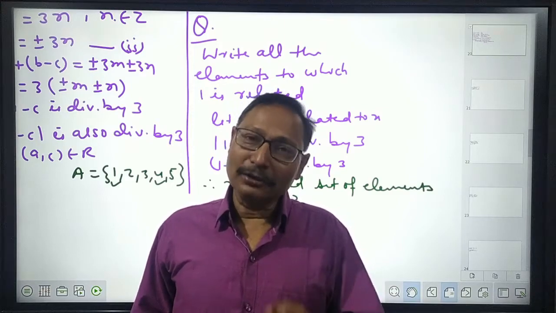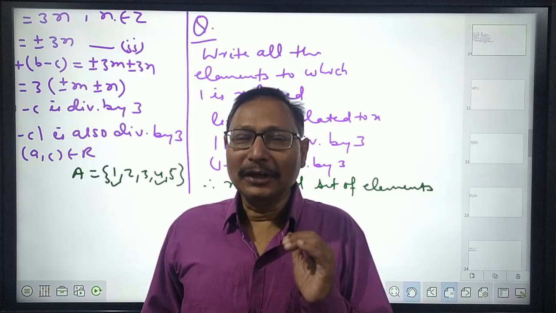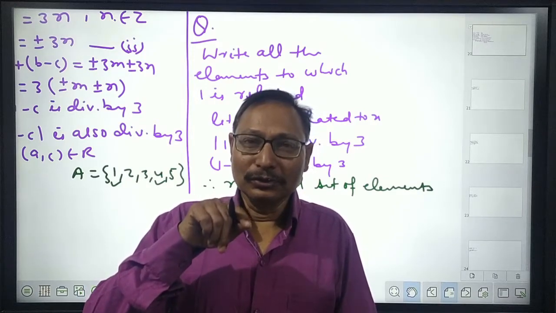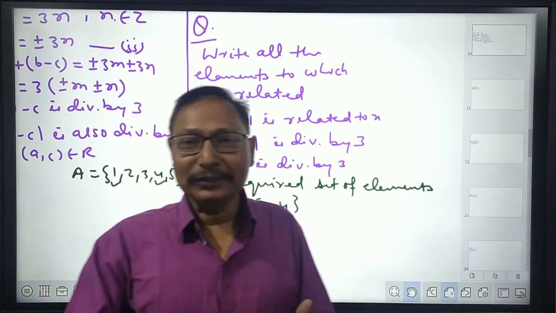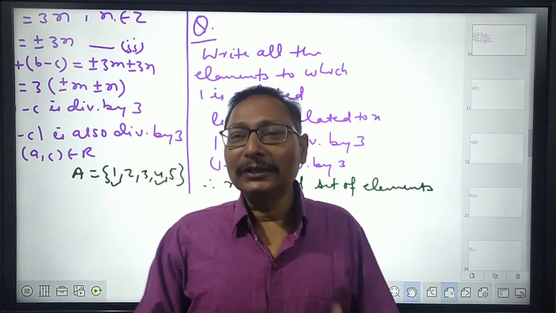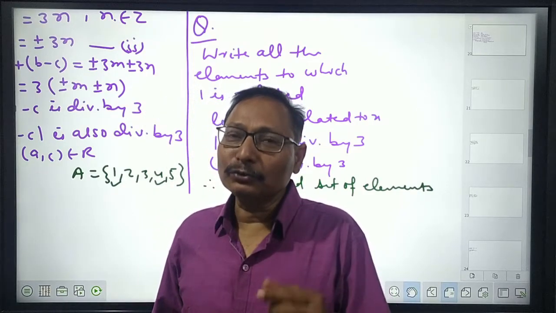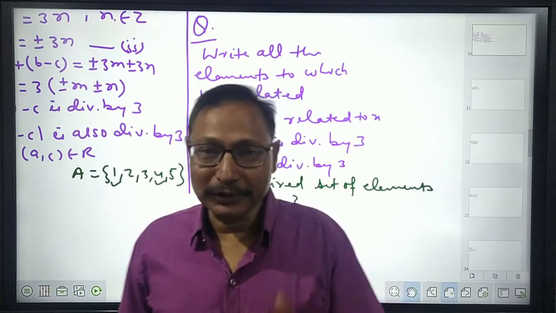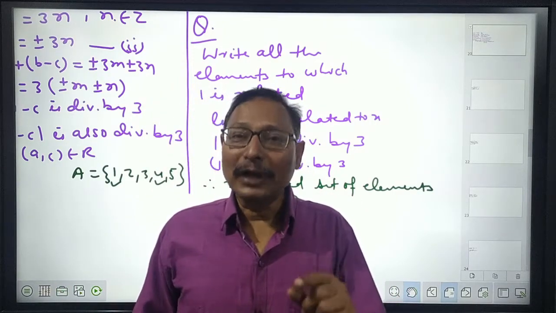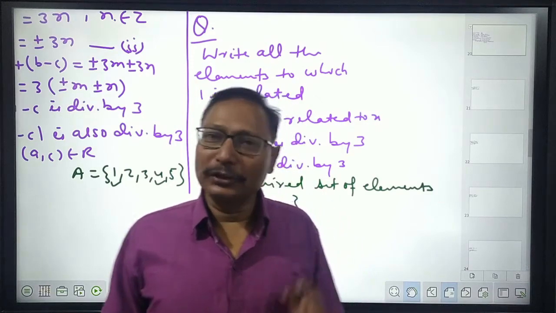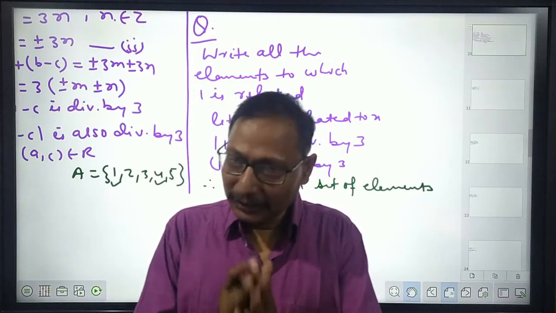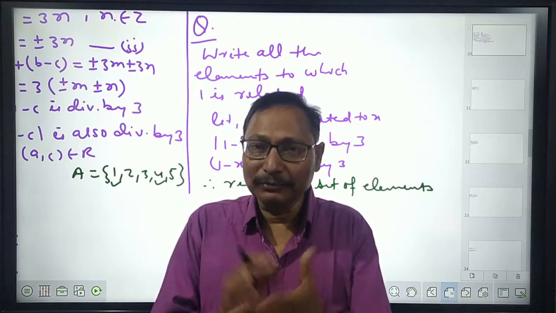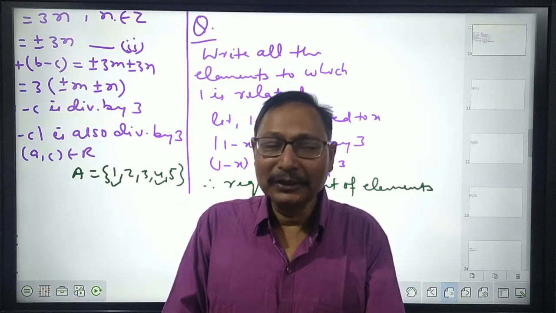So now you are good enough to understand how we will handle a question to show whether it is an equivalence relation or not. In the process, I want to put one more thing here, and that is equivalence class. Equivalence class will be discussed later, but I am here taking some time to make it clear.